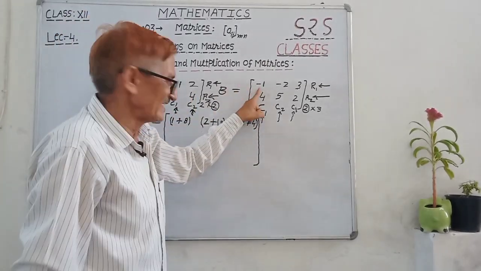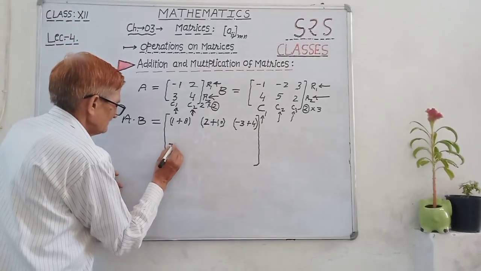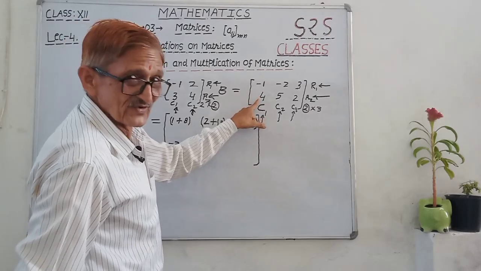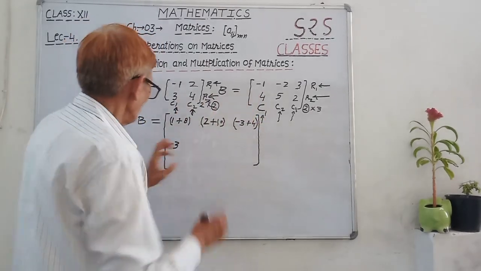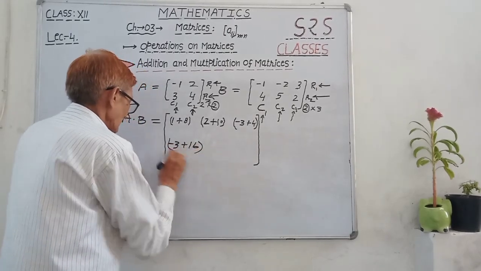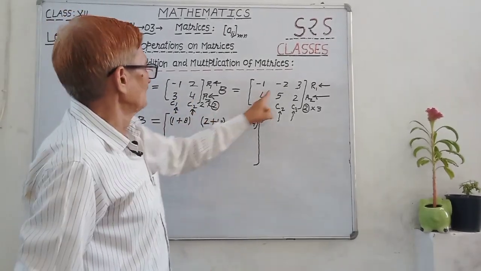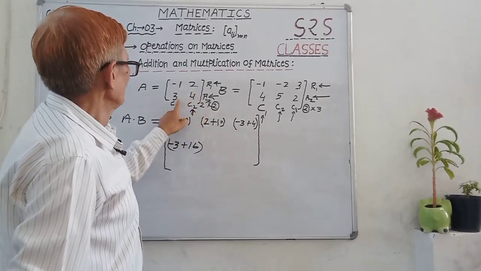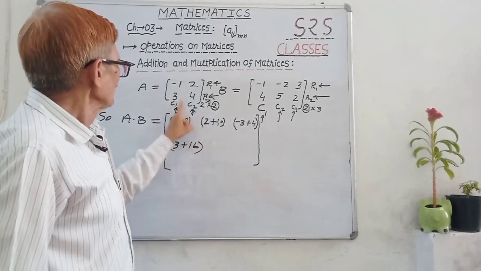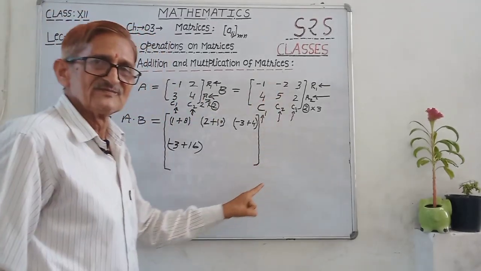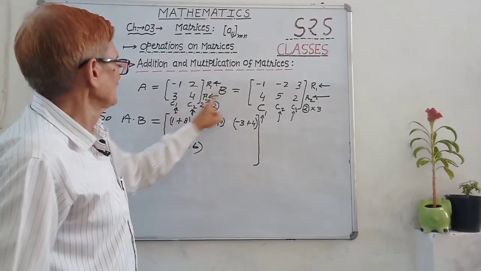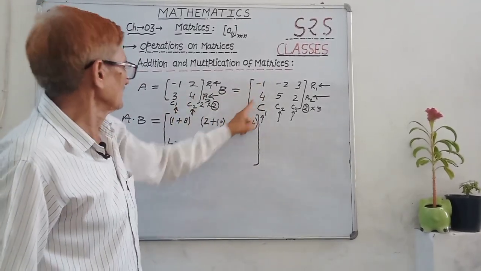Then 3 into minus 1, minus 3, then 4 into 4, 16, and add. यहाँ क्या किया हमने, second row with first column, 3 1 जा 3 minus 3 and 4 4 जा 16.